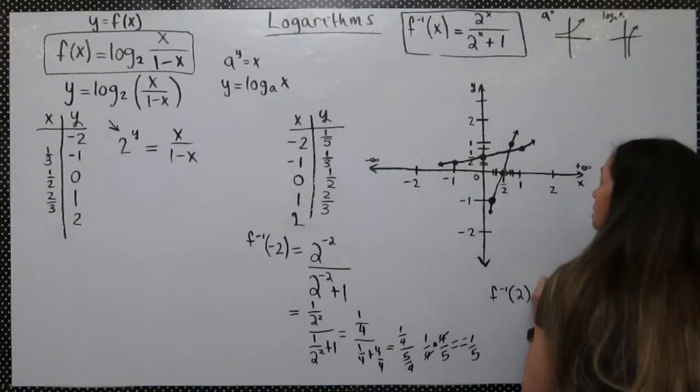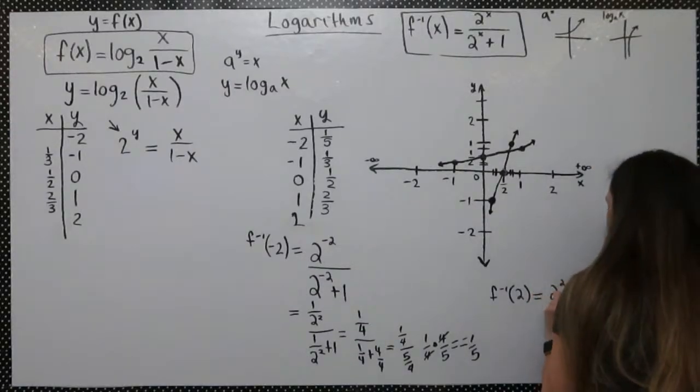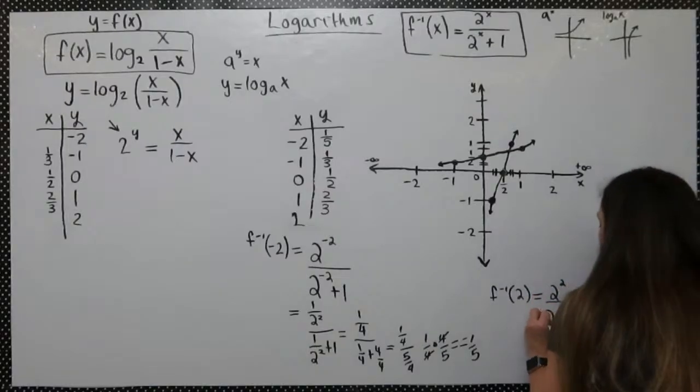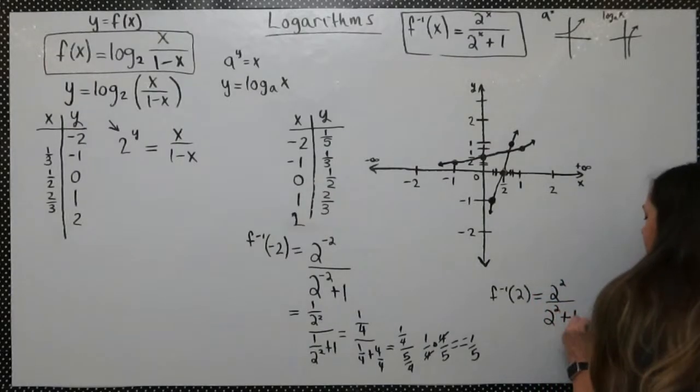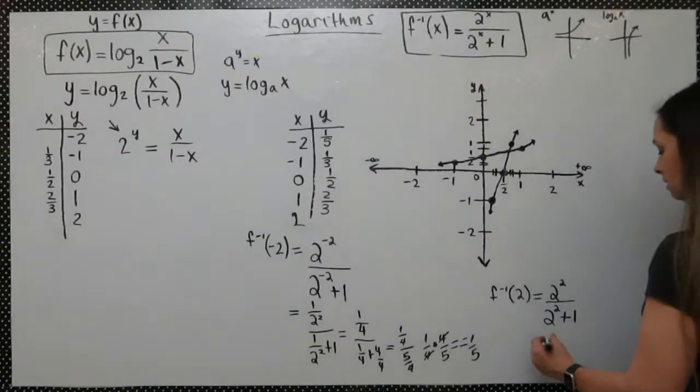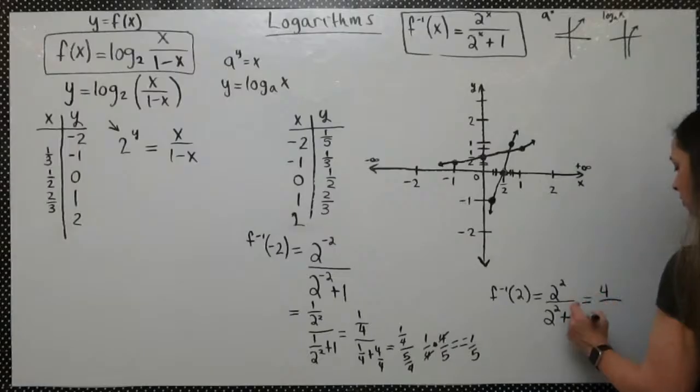It is going to be 2 squared over 2 squared plus 1. And then that's going to equal 4 over 4 plus 1, since 2 squared is 4.